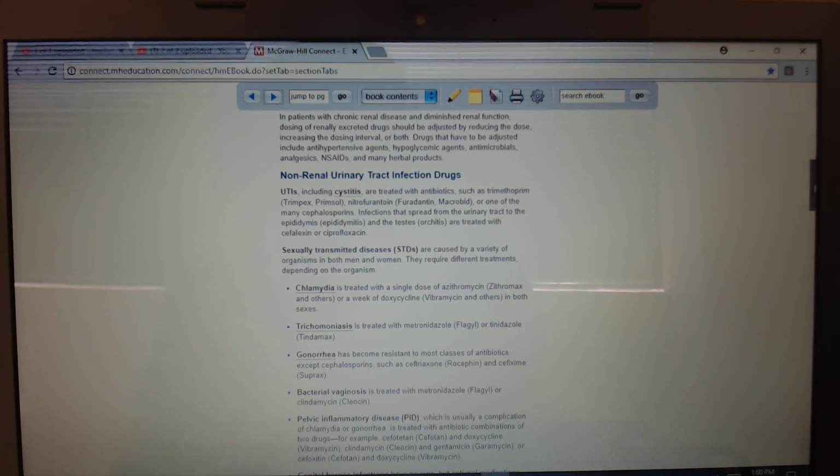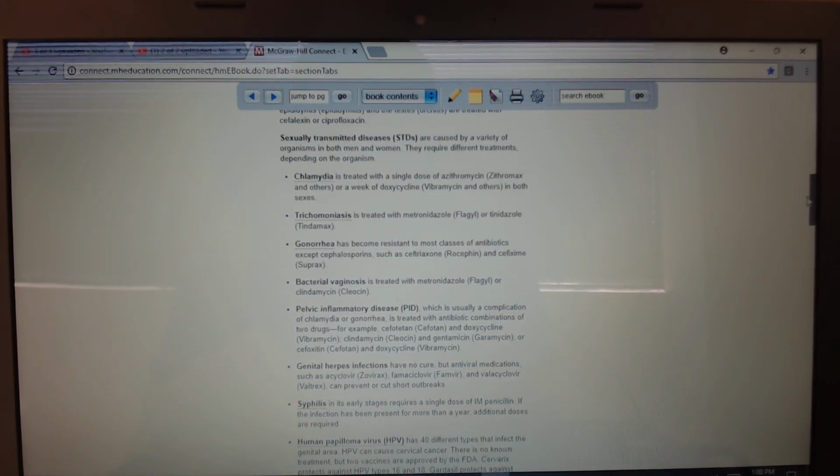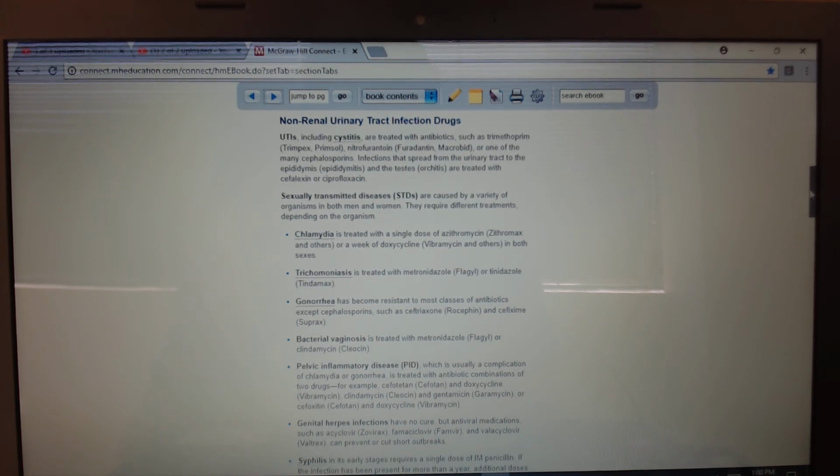Non-renal urinary tract infection drugs: UTIs, including cystitis, are treated with antibiotics such as trimethoprim, Trimpex or Primsol, nitrofurantoin, which is Furadantin, Macrobid, or one of the many cephalosporins.